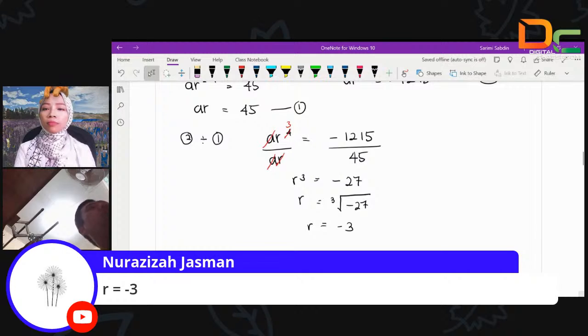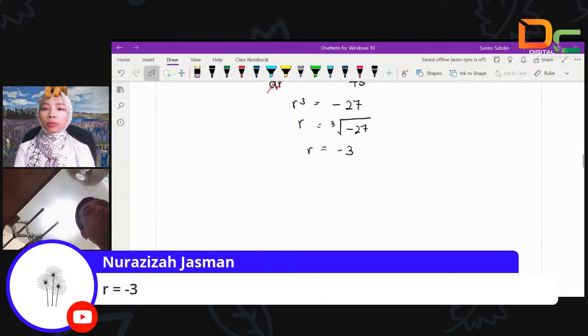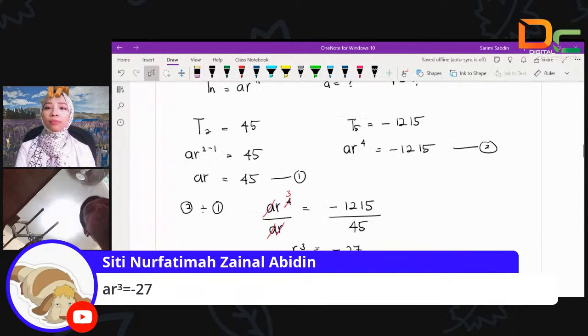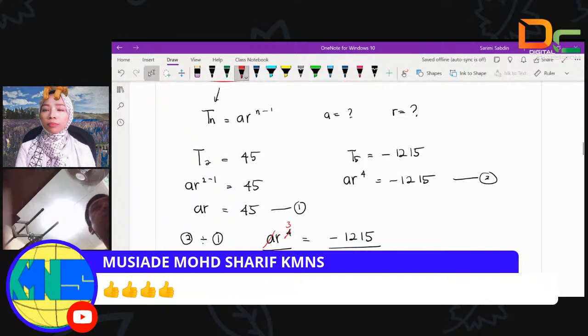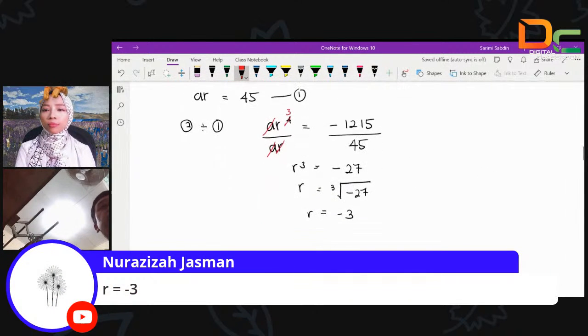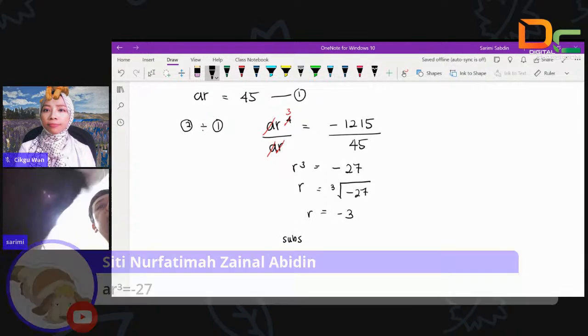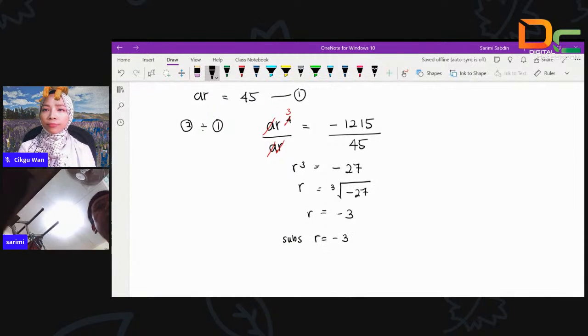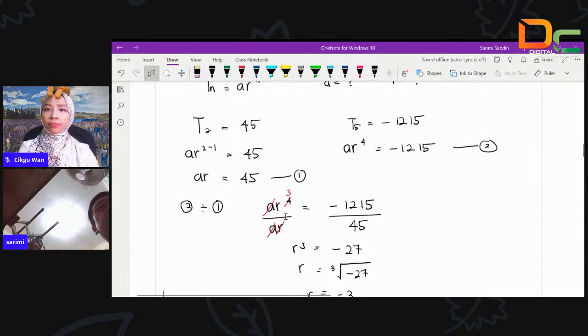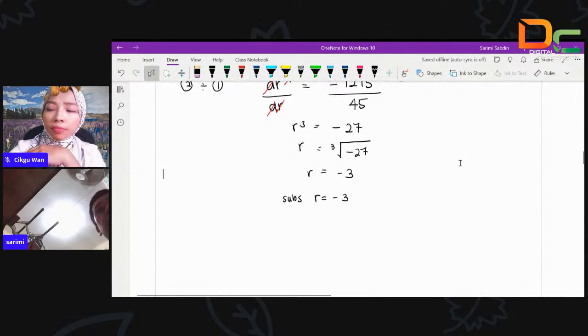So we already have the value of R. Now we need to find A. To find A, we substitute R equals negative 3 into either the first or the second equation. For this example, I will substitute into the first equation.